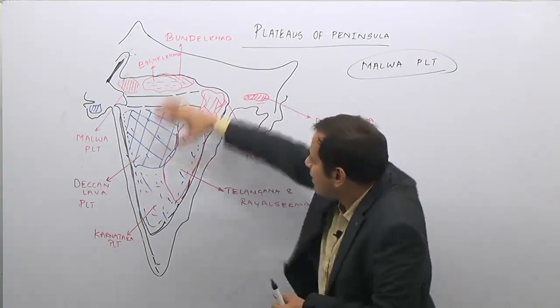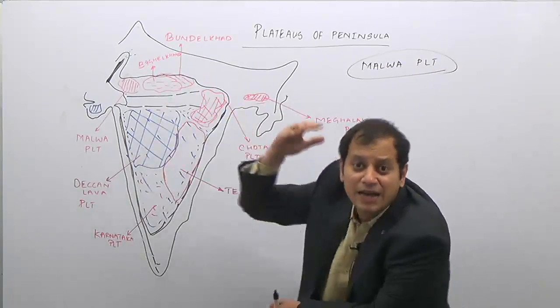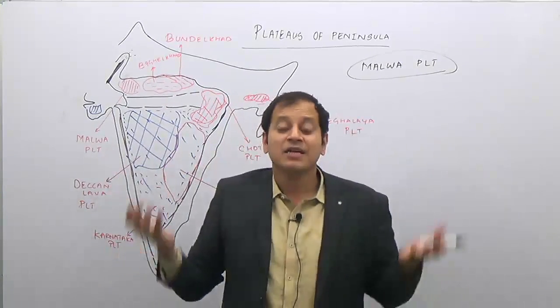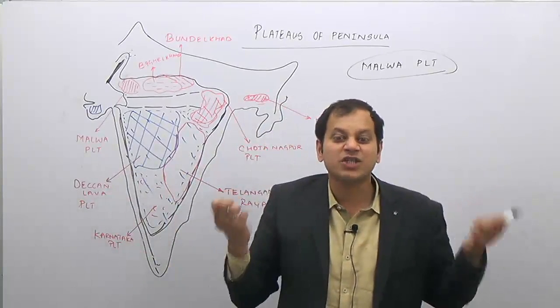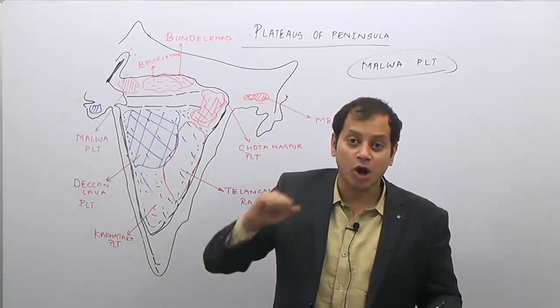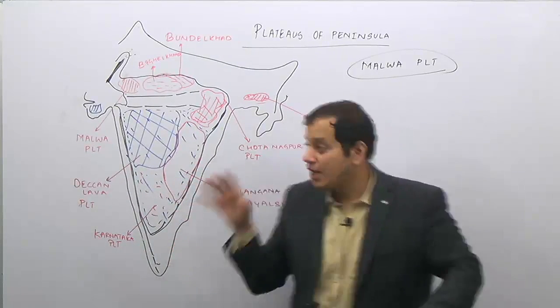This entire plateau region is made up of extremely old rock, and therefore, as we discussed in the introduction class of the peninsular plateau, this area is known as a shield or craton or a very stable block of the earth, because this is one of the oldest blocks in the world.